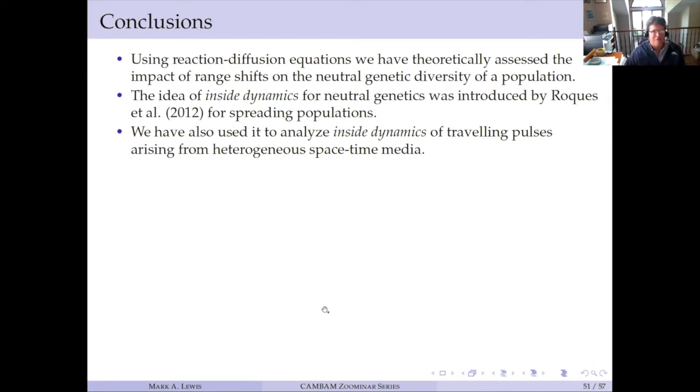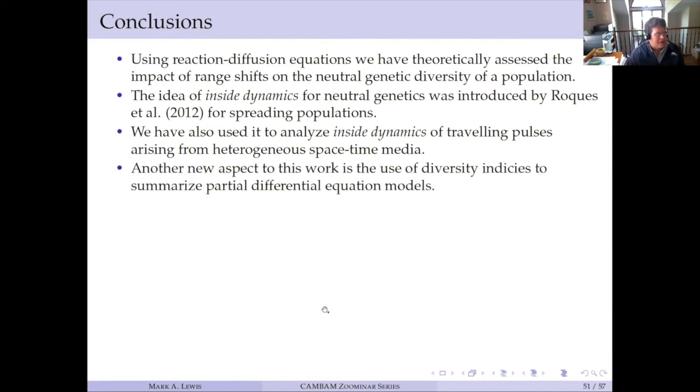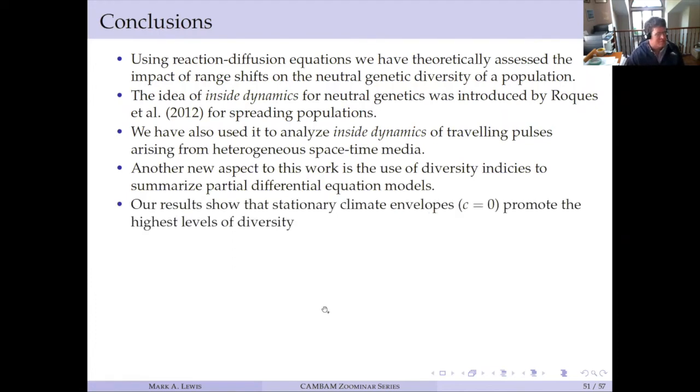This is the idea of using these inside dynamics to see how population diversity changes over time. And then we've extended this to include these heterogeneous pulses that would come from climate change, and also to look at how we can summarize the results using diversity indices.